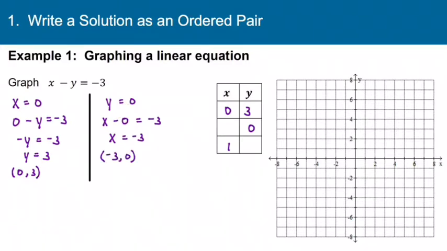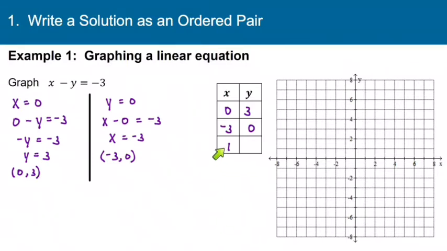Remember, when you write your ordered pair, the x value has to come first. And so I'm going to put negative 3 here in my table. So honestly, we could graph the line just using these 2 points, but for us in this section, we're going to go ahead and generate a third solution just to make sure that all 3 points are on the same line, and that will just help us know that we didn't make any careless mistakes.